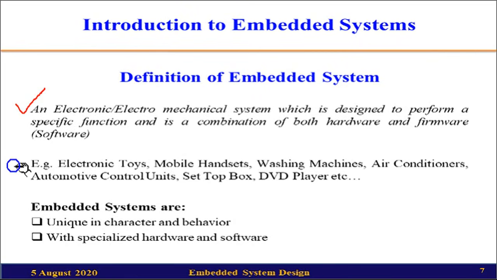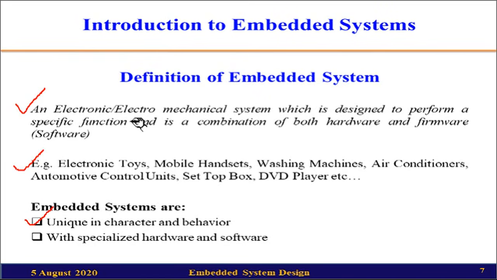There are some examples given here: electronic toys, mobile handsets, washing machines, air conditioners, automotive control units, set-top boxes, DVD players, etc. All these are examples of embedded systems. As we have already defined the embedded system, we can say in simple terms that embedded systems are unique in character and behavior.